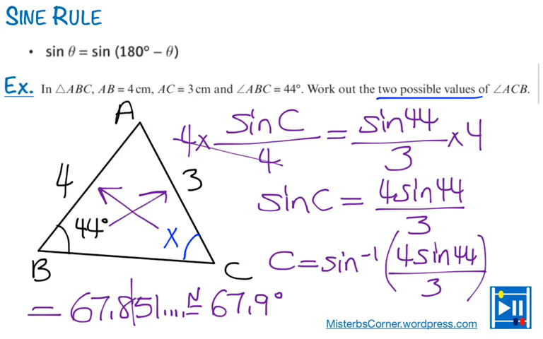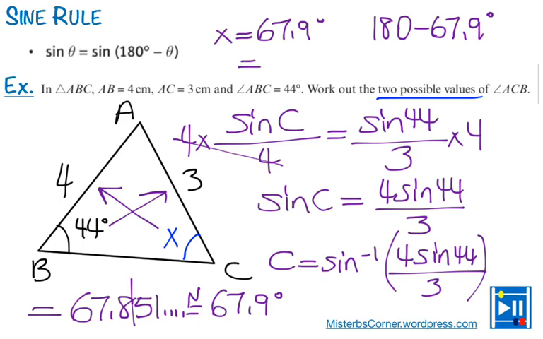Let's say x1 equals 67.9 degrees. All I have to do now is to take away this angle from 180. So I will have the second value, x2, to be 112.1 degrees.